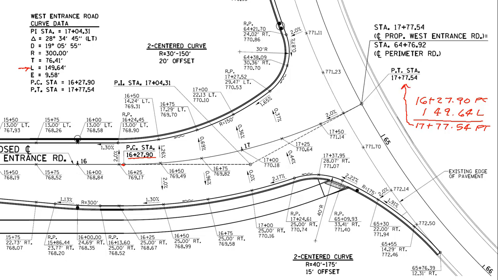So the stationing follows the curve around the arc, and so you use the L for that length to get to the PT.